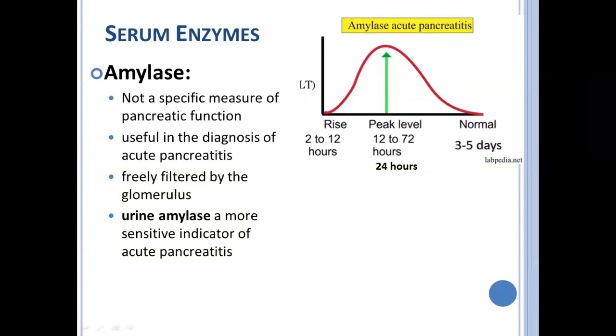So ang problem dito, madali siyang tumaas, rise to 12 hours. Now, pero pag nag-exam kayo sa lipid metabolism, minsan kasi paiba-iba tong oras nito. So ito, the peak is at 24 hours, pero nagno-normal na siya 3 to 5 days.